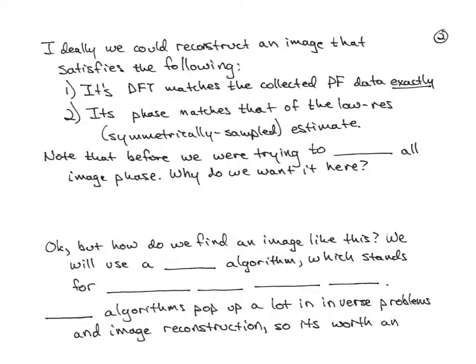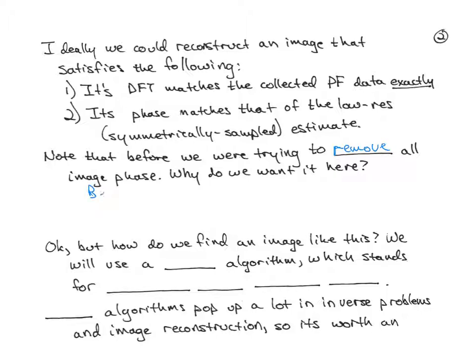So note that before, what we were trying to do was remove all the image phase. What we're going to do here is actually keep it. And why do we want it here? The reason is that we can't expect a zero phase image to match the original data exactly when that data corresponds to an image that we know has non-zero phase.